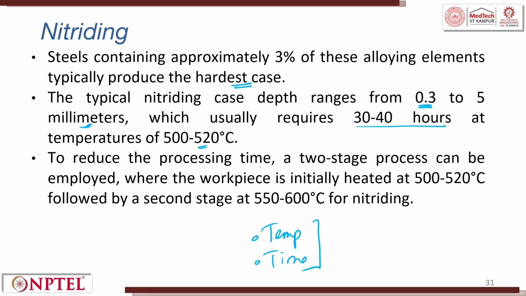To reduce the processing time, a two-stage process can be employed, where the workpiece is initially heated to 500 to 520 degrees and then a second stage of 550 to 600 degrees Celsius follows for nitriding.